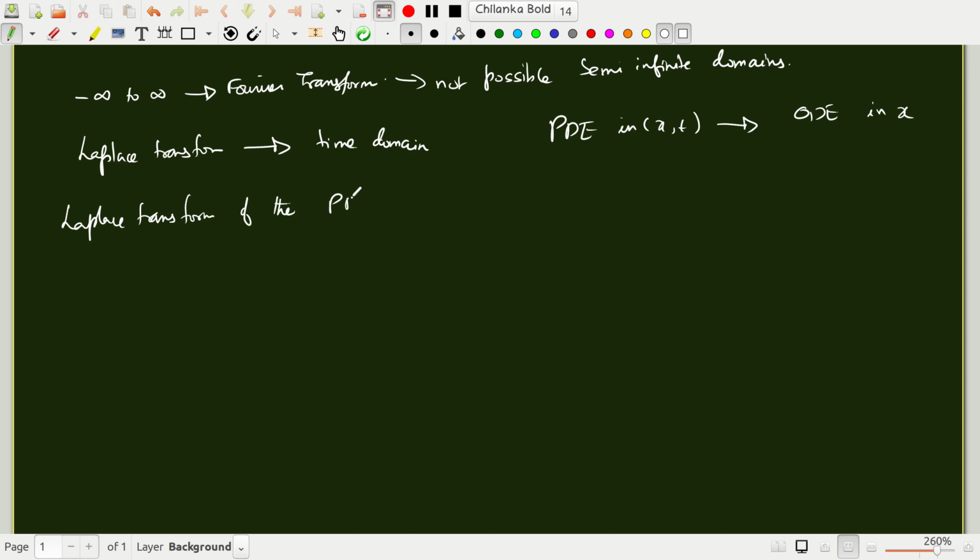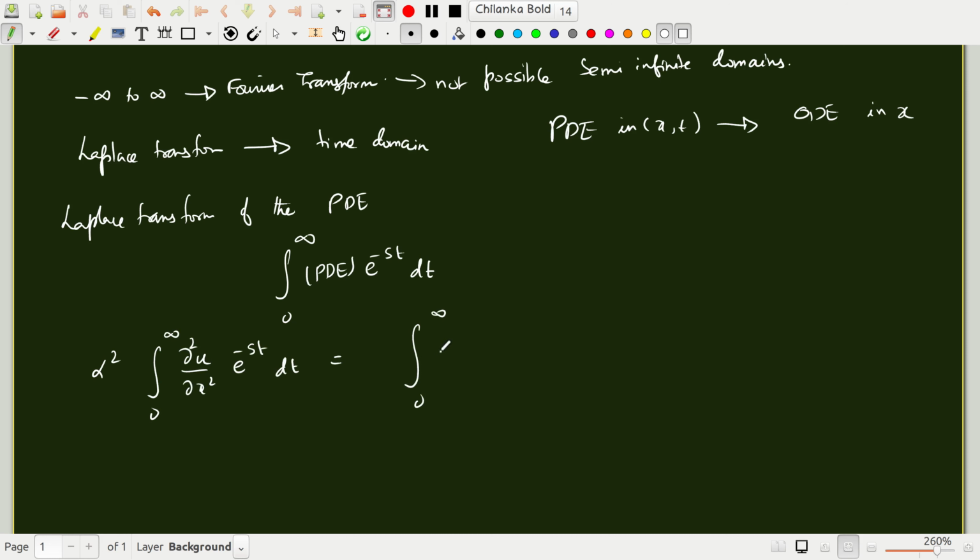What you do is, from 0 to infinity, you take the entire PDE multiplied by e to the minus st dt. The left side has alpha squared, which is a constant, times the integral from 0 to infinity of partial squared u by partial x squared, e to the minus st dt. The right side has the integral from 0 to infinity of partial u by partial t, e to the minus st dt.